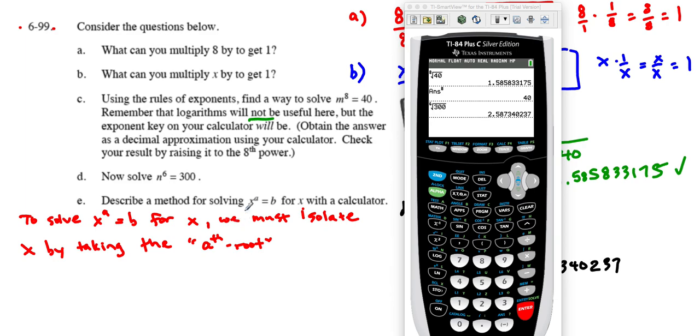That just means if we were finding the 6th root, it was because it was being raised to the 6th power. The one before that, we were finding the 8th root because it was being raised to the 8th power. This one's being raised to the power of a, so it's the ath root of each side of your equation.